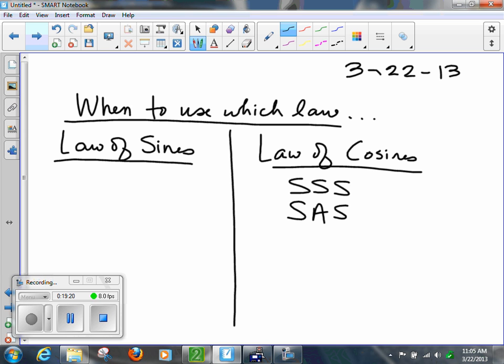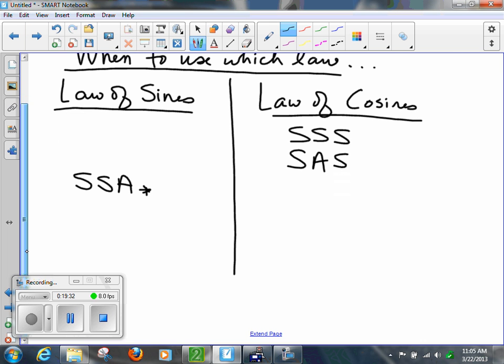What about law of sines? Side side angle, because what's up with it? It's got a couple different things that can happen. What are the options? You can have more than one triangle. Or you might not have one. And folks, no solution is not the proper answer.